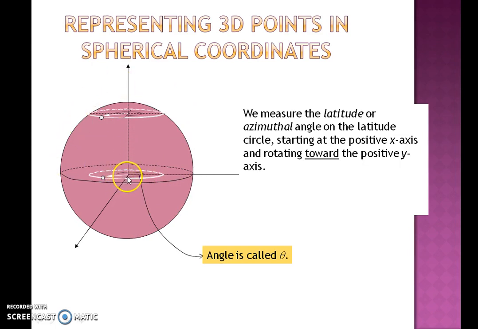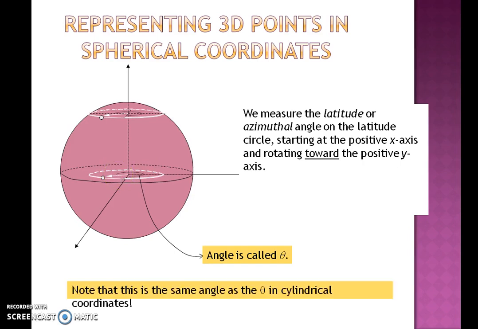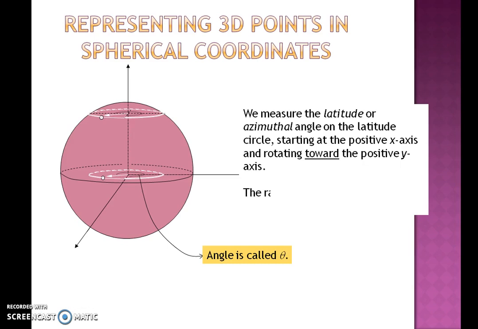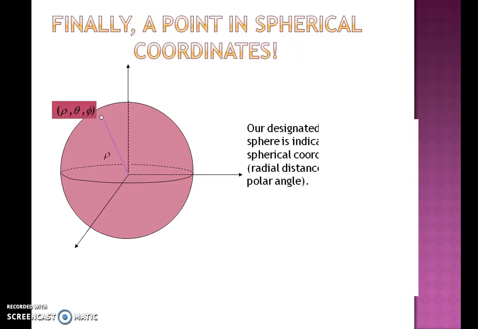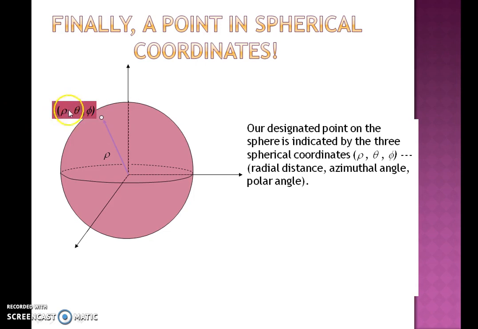That is, you measure from this point towards this point. This angle is known as theta. Note that this is the same angle theta as in the cylindrical coordinate system. The range of this angle is 0 to 2 pi. So now we have two angles and one radius, and therefore the spherical coordinate system has the three coordinates rho, theta and phi.